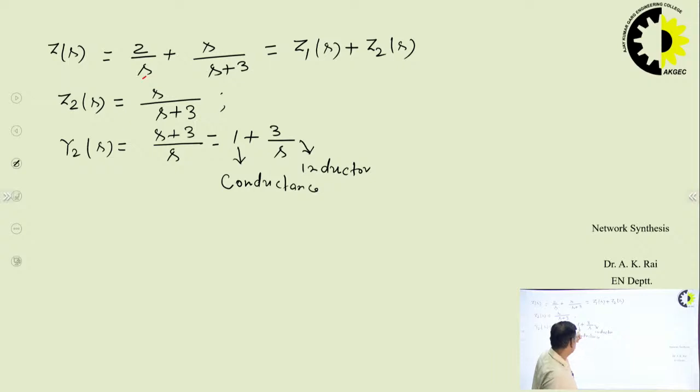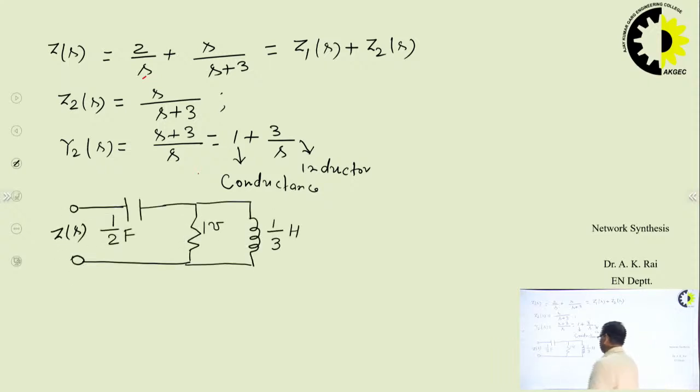This is the admittance. It is a conductance, and 3 by s. This is also an admittance, and this is the inductor. So the final circuit will be like this.